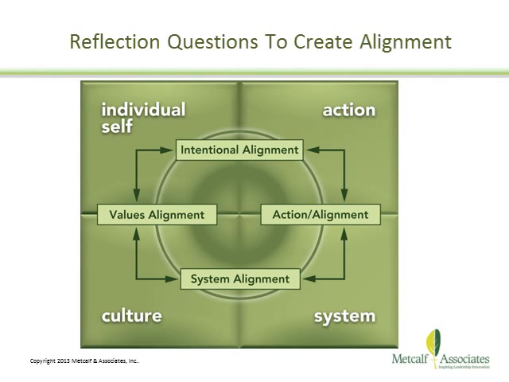After you complete the SWOT and the assessments, you'll move to the reflection questions as you did in the first module. As a reminder, the questions are: what do I think or believe, reflecting your intentions? What do I do, reflecting your actions? What do we believe, reflecting the culture of your organization? And how do we do this, reflecting systems and processes of your organization?